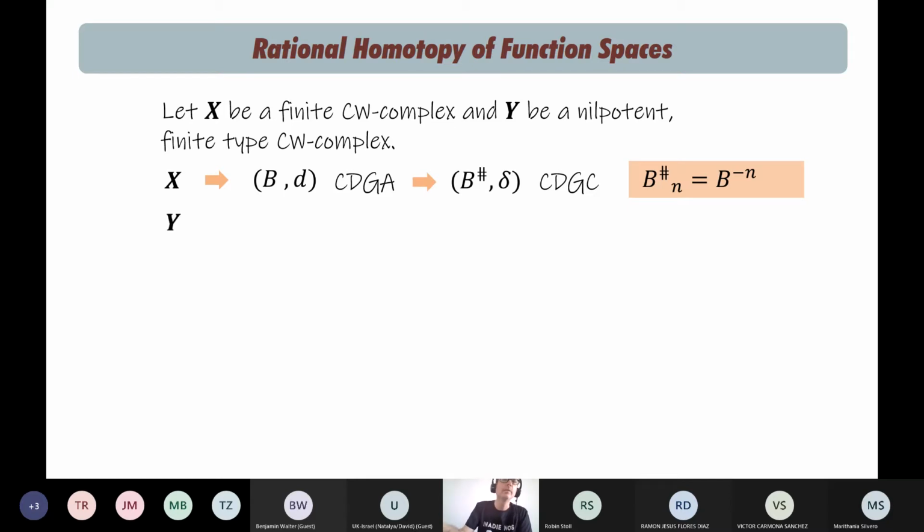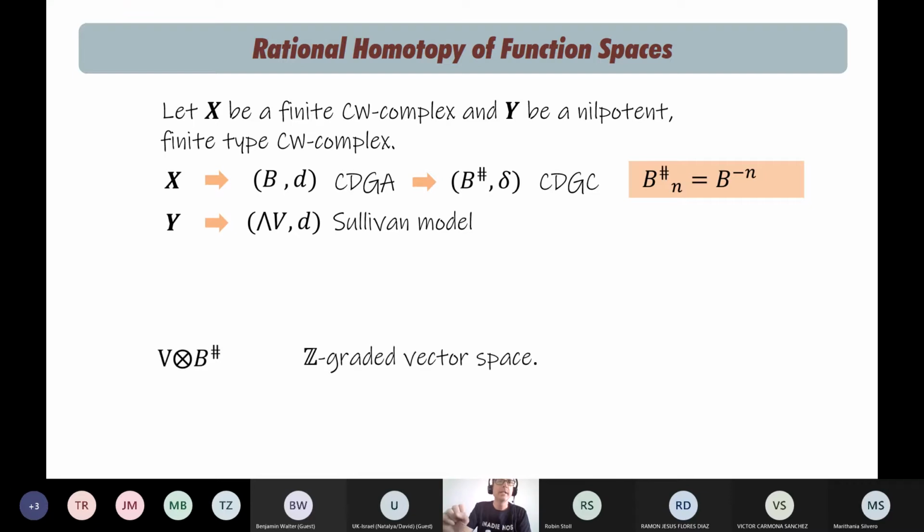So now take a Sullivan model of Y and then consider the following graded vector space, the tensor of the generators of the Sullivan model and the coalgebra. This is graded in the integers because we have things in negative degree in the coalgebra, things in positive degrees in the generators of the Sullivan model, so we can have elements in each degree.